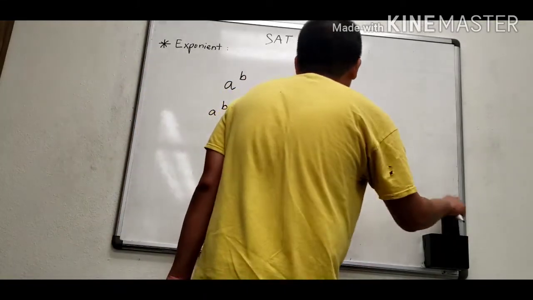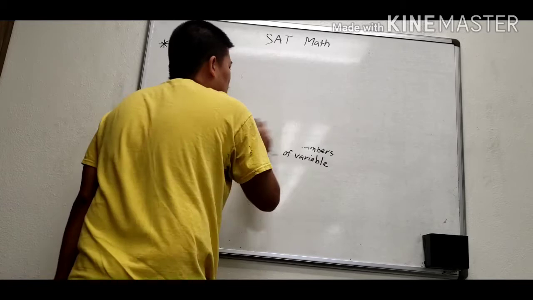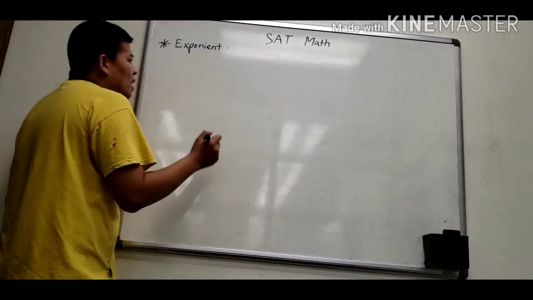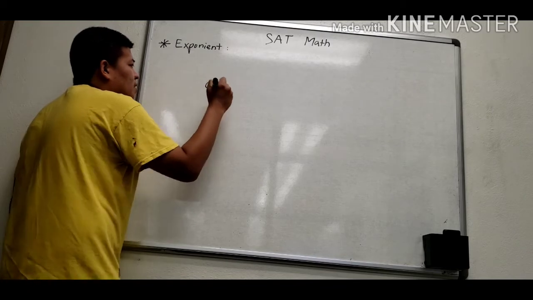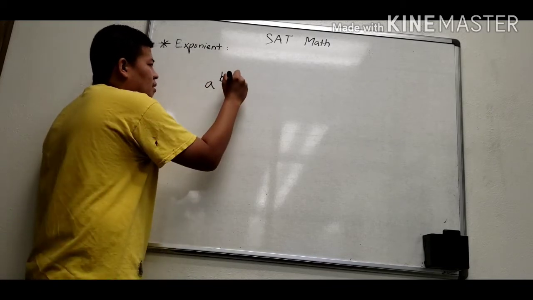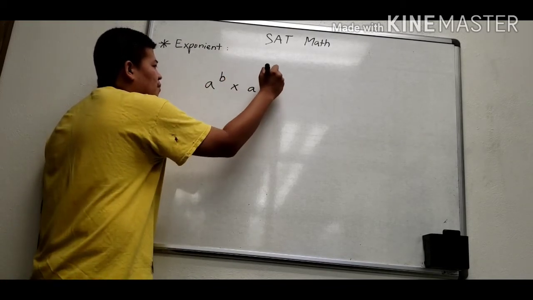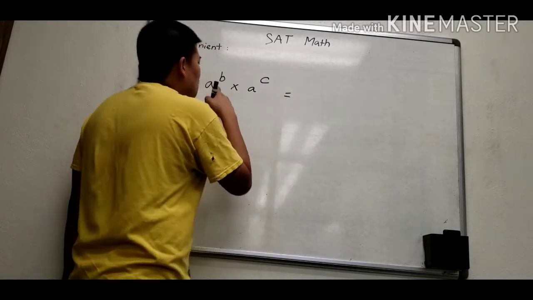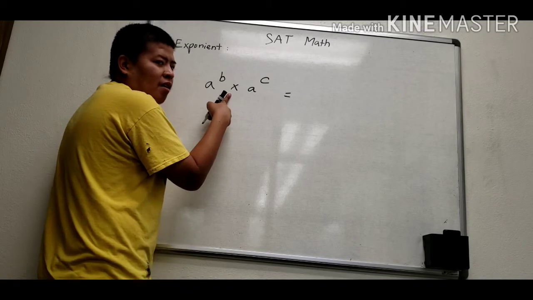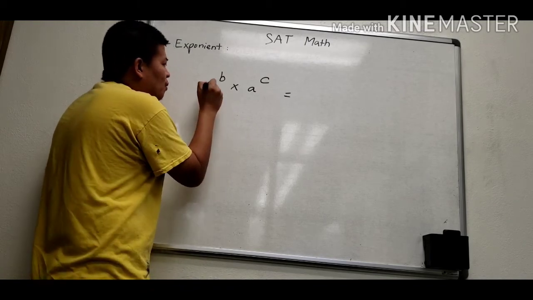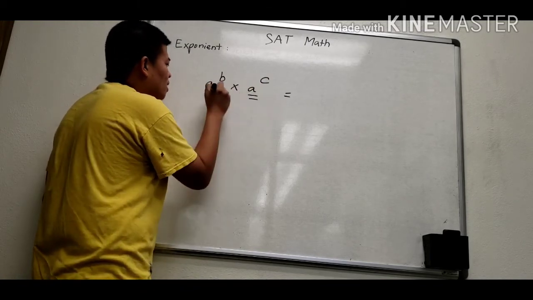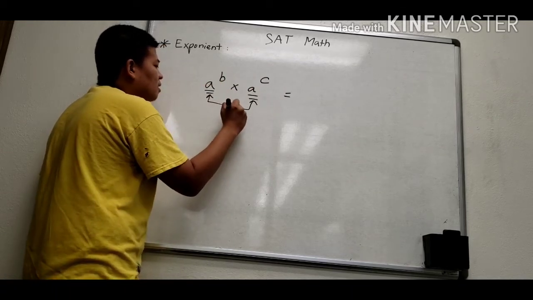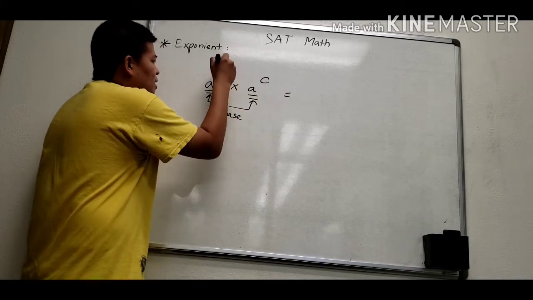The next one, we have a power b multiplied by a power c. Here, we can see that when we multiply the two, this is the base, and this is the power.